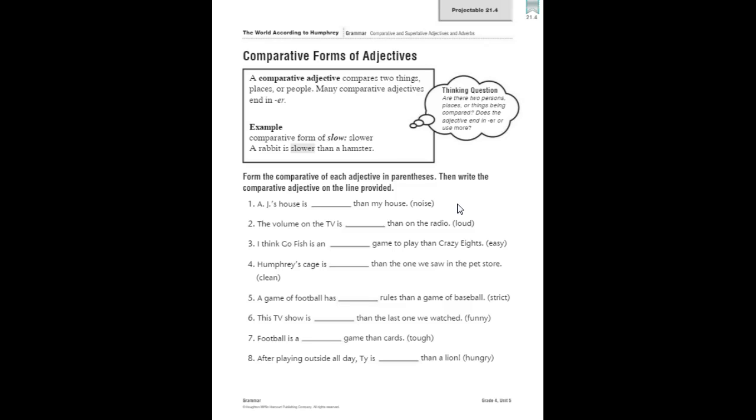The volume on the TV is what than on the radio? Are we comparing two things, or persons or places? Yes, we're comparing the volume on the TV to the volume on the radio. So we need to add ER. The volume on the TV is louder than on the radio.